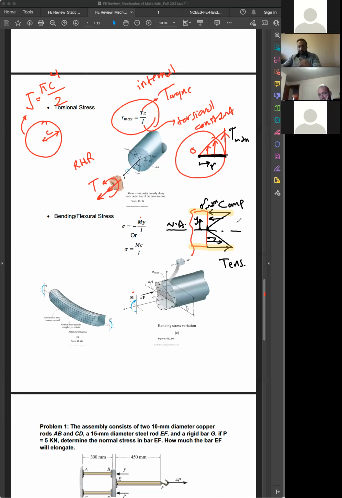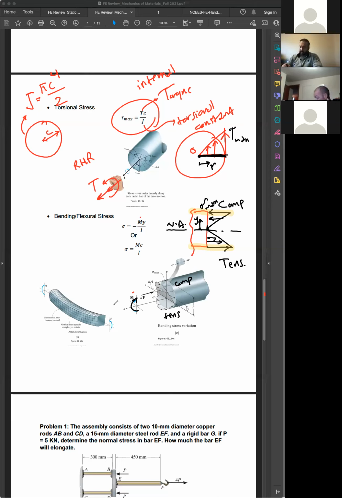You can have compression at the bottom, tension on top. Look at this. If this is a bending moment applied to my cross section, it causes the bottom to be under tension in this configuration, and the top to be under compression. Because if you think about it, this moment is pulling the bottom, pushing the top. Tension bottom, compression top.